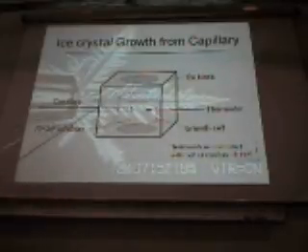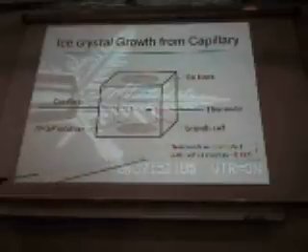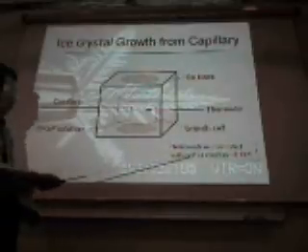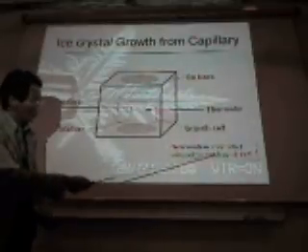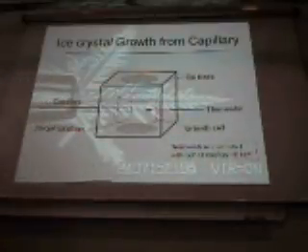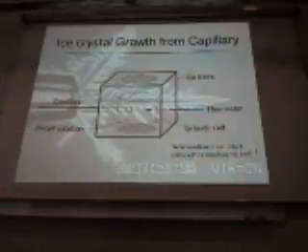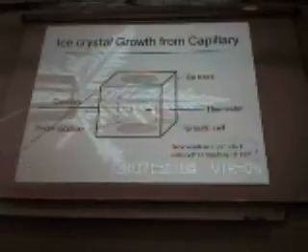The temperature of this growth cell is controlled by Peltier, and we can obtain very nice temperature regulation. The temperature fluctuation is within 5 millikelvin. Where are your Peltiers? This part. This part, so two sides.